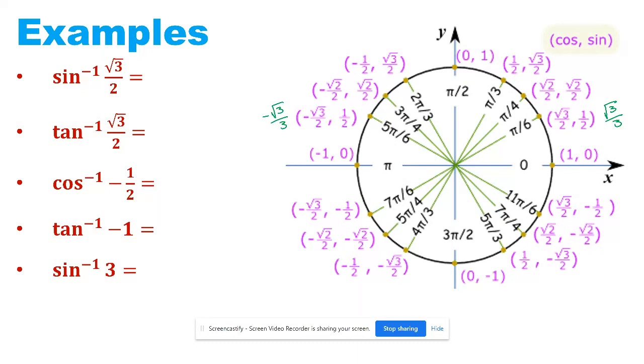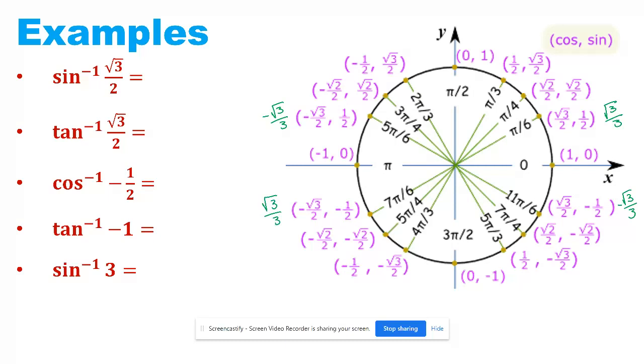The tangent straight down below here is also going to be negative square root of 3 over 3. And I can also find the tangent over here on this side is going to be positive square root of 3 over 3. But remember with tangent, I really only need the right side of the graph. So these two on the left don't really matter.